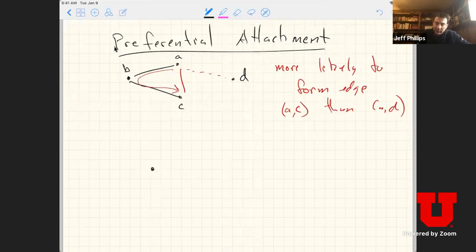You'll get these star formations where I'm going to have a certain node that has lots and lots of edges coming out of it, right?